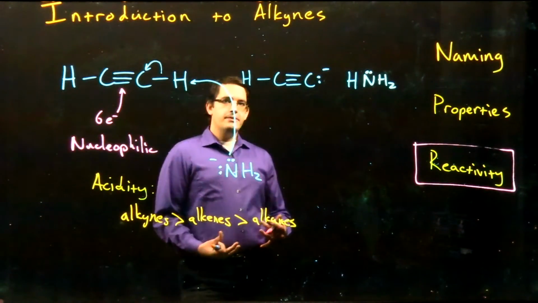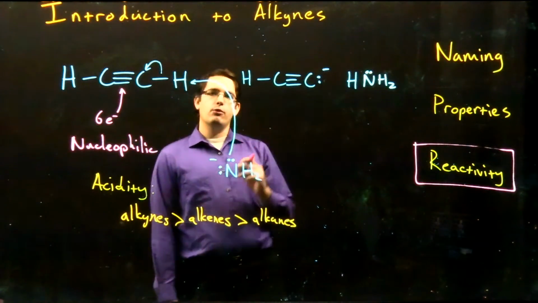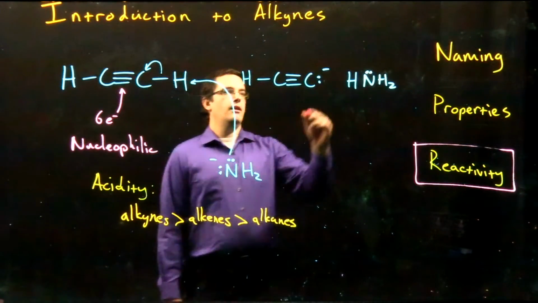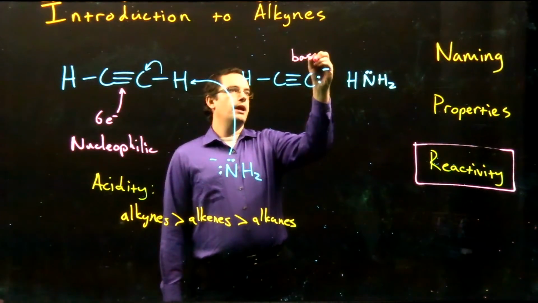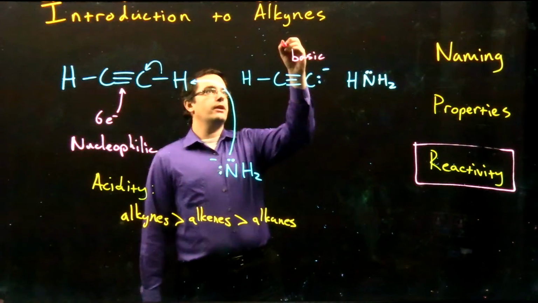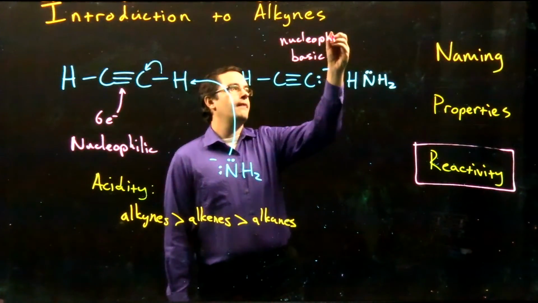Now once we've formed our carbanion conjugate base, we have some interesting reactivity here for this particular carbanion. Right? So we have a negatively charged carbon that's going to be basic. It's also going to be highly nucleophilic.